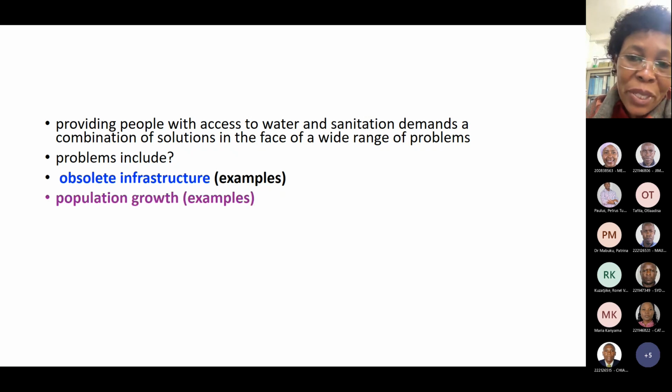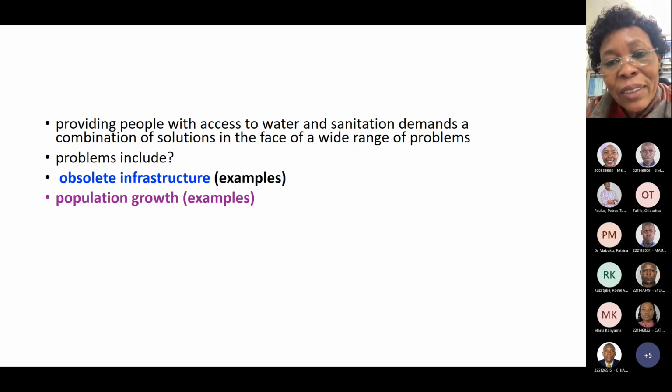Population growth. This goes hand in hand with inadequate or overwhelmed infrastructure. I know of no country within Africa that has conducted a census, for instance, my own country conducted a census in 2012, and last year we had yet another successful census.